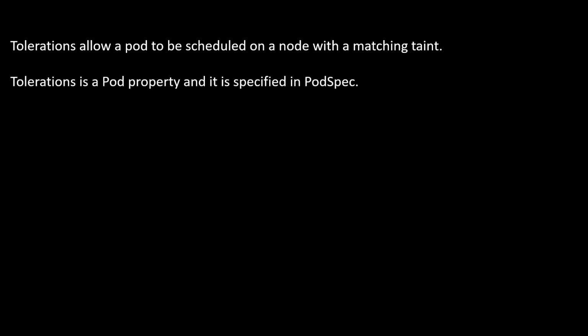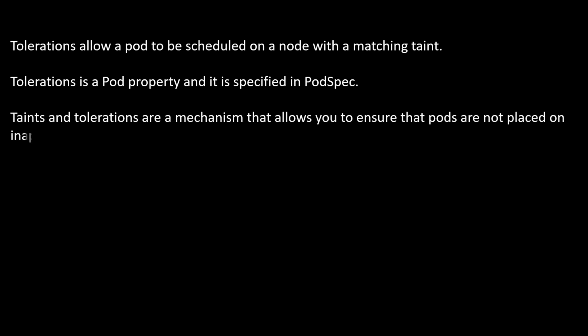Toleration is applied at pod level. Thus, we can say that toleration is a pod property. Tolerations are specified in pod specs. Taints and tolerations are the mechanism that allow you to ensure that pods are not placed on inappropriate nodes.